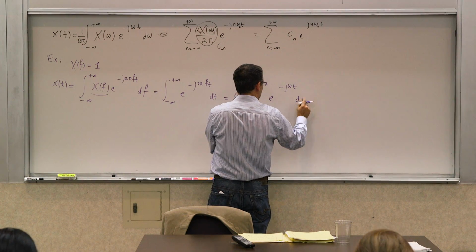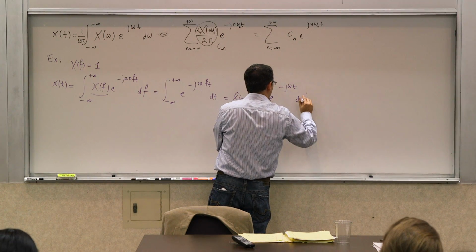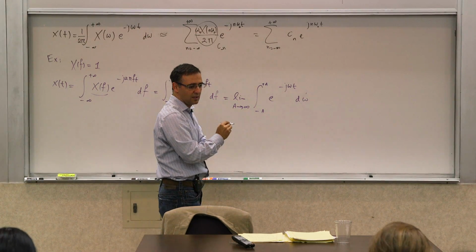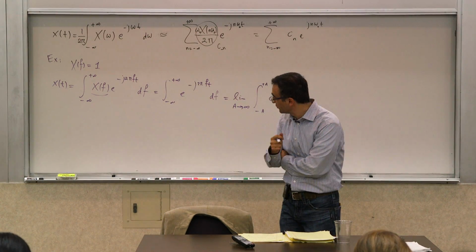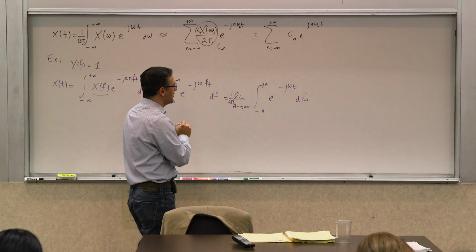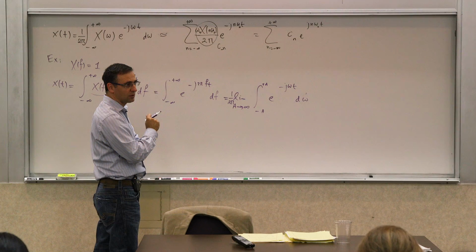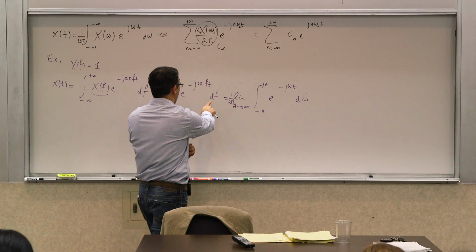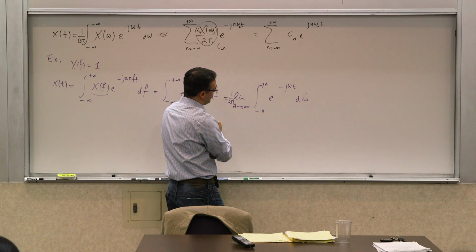I'm sorry, df, which I can write as d omega, and I put the 2 pi up front. If I switch to omega, I just have to put the 2 pi up front because of the change of variable. I went from df to d omega, so you get a 2 pi.